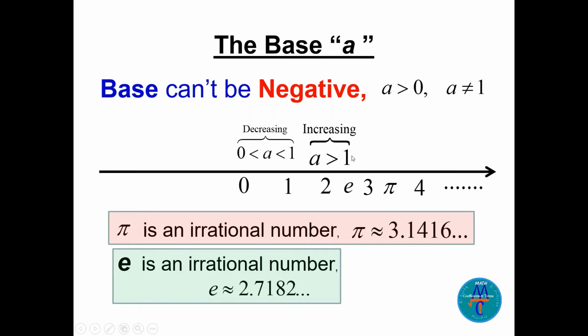If you take a greater than 1, that means above 1 until infinity, take any number there, like 2, 2.1, 1.6, 1.5, 1.2, 1.01. e is an irrational number, 2.718, and there is pi, 3.1416. These two numbers are irrational numbers. And you can take 3, 3 over 2, 4, 7 over 5, any number there greater than 1, and the function will be increasing.